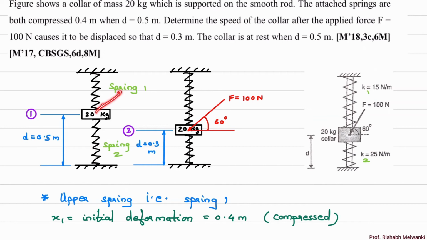Once we apply the force, the collar moves downward, and at position 2 we have calculated v2. So don't get confused that I have shown the force in diagram 2. Here itself it is applied, and once this is applied, the collar moves in downward direction.